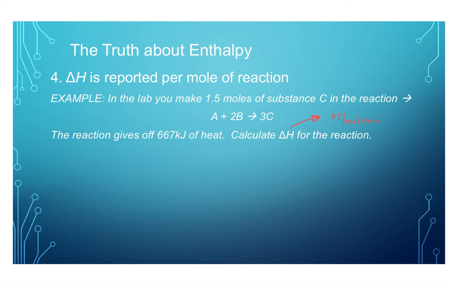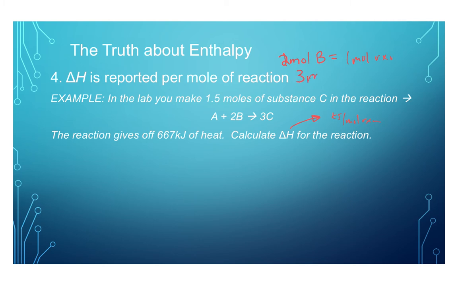Well, 1 mole of substance A is what is used up in 1 mole of reaction. 2 moles of substance B are what's used up in 1 mole of reaction.